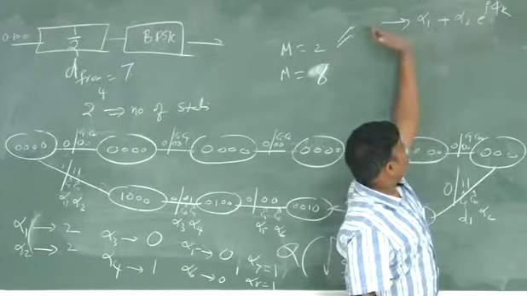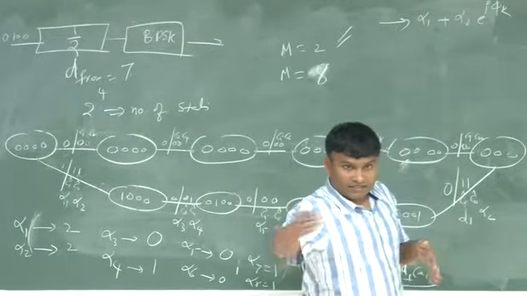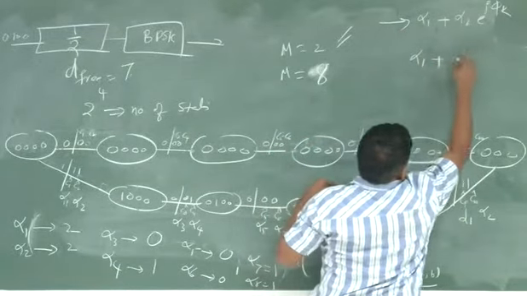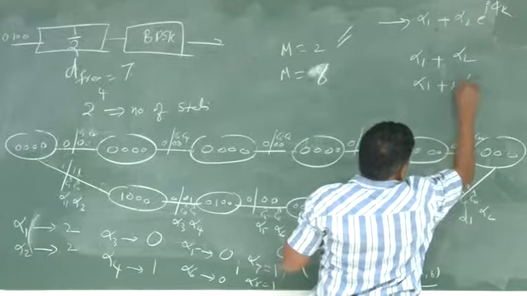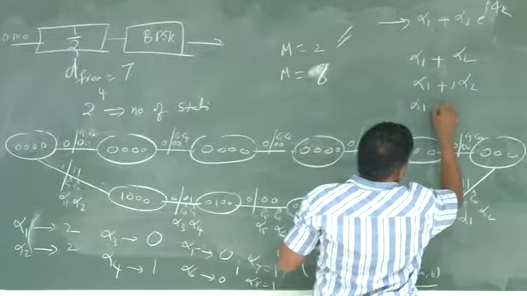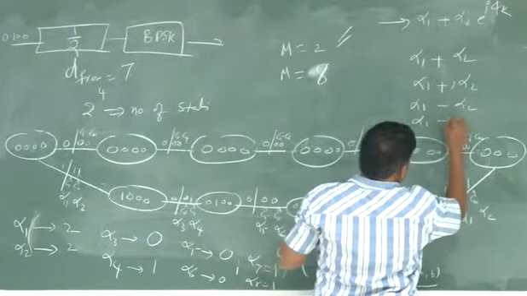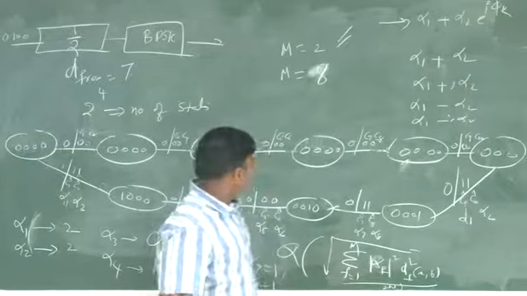Then you see 8 consecutive correlated fades. For QPSK, it is alpha 1 plus alpha 2, alpha 1 plus j alpha 2, alpha 1 minus alpha 2, alpha 1 minus j alpha 2. In the QPSK case, there are 4 fade states.